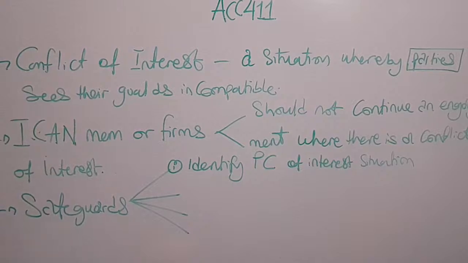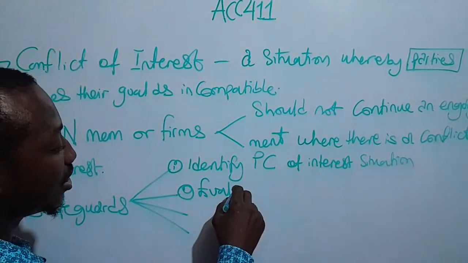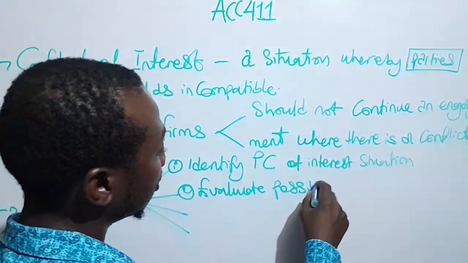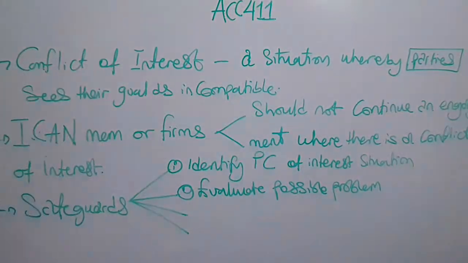Also, evaluate possible problems. Now, we said something at that time. As an agent offering assurance services, as an accountant, or as an auditor, you have to work independently.